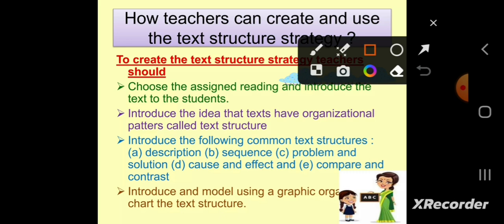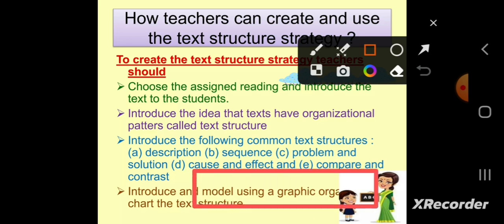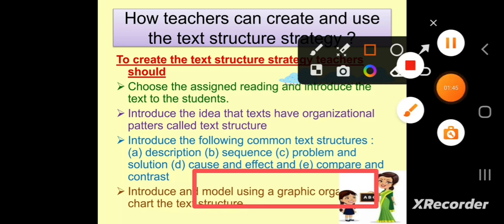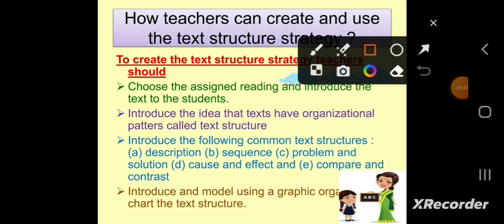Next, model and use graphic organizers. Use graphic organizers to visually demonstrate how each text structure is organized. For example, use a Venn diagram for compare and contrast, or a flowchart for sequence and cause and effect. Practice with students.